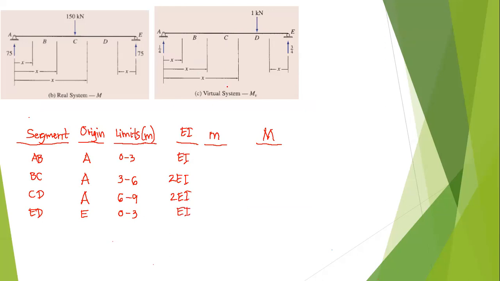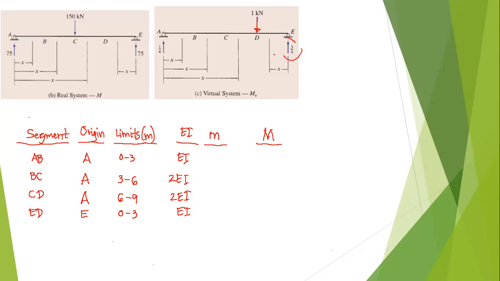Now, how about for our moment? If you are going to apply a unit load at D, acting downwards, then the reaction here would be equal to 1/4, and the reaction here will be equal to 3/4.